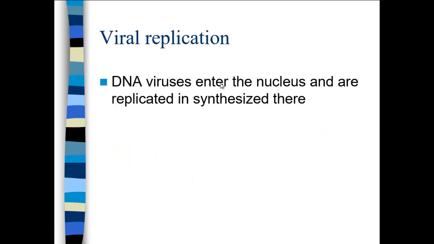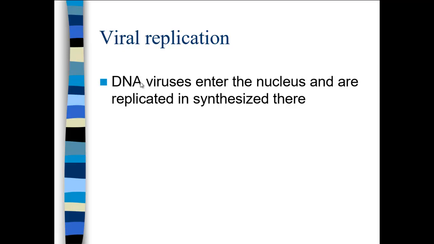Now, DNA viruses, in order to replicate their nucleic acid, this is a process that only occurs in the nucleus of the animal cell. Okay, so the DNA viruses have to enter the nucleus, and then the DNA portion is replicated by synthesizing within the nucleus. DNA is replicated using an enzyme called DNA polymerase.